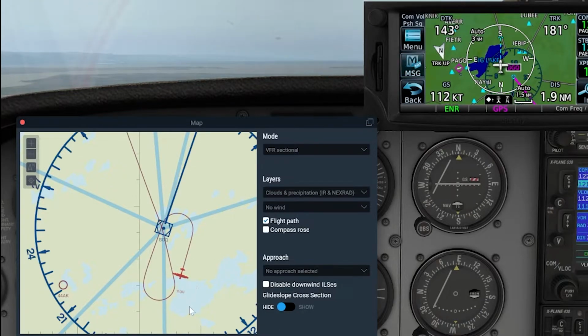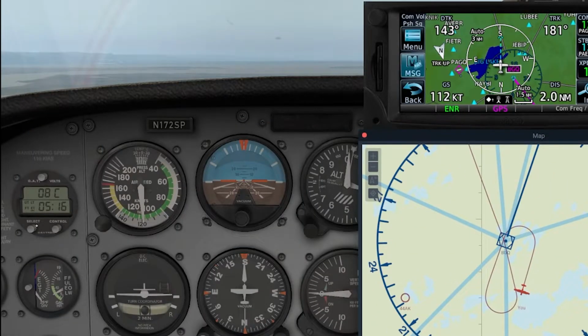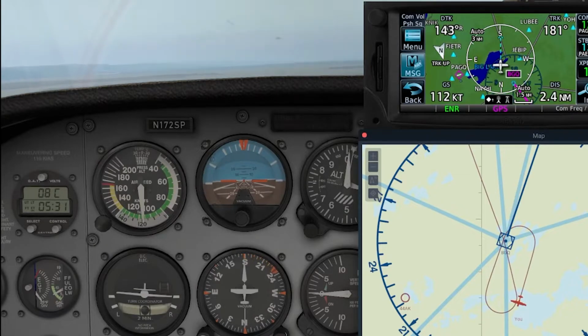There you go, that's how a hold is going to look once I get outbound. Like I said, 5:28. And we're going to start with the right-hand turn. Back to the middle. Start our turn.